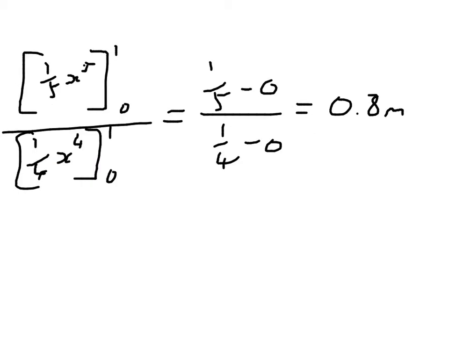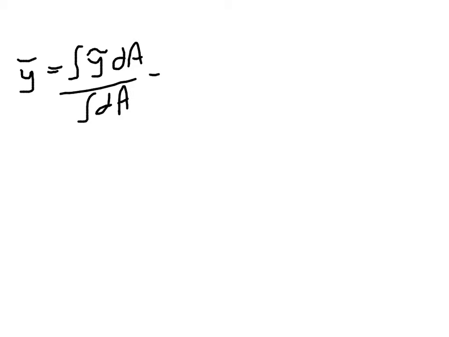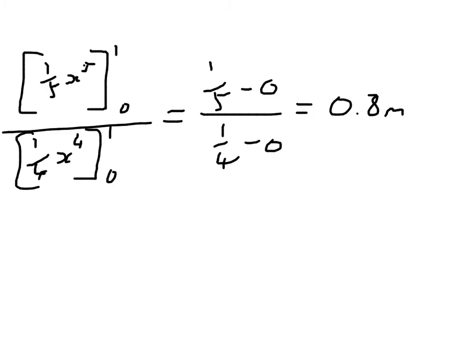So now we can go on and find our y position. Our y position, y bar, for the whole shape, is going to be the integral of y tilde dA over the integral of dA. Well, the integral of dA we already know, because we've already worked out in the previous section, is just a quarter.